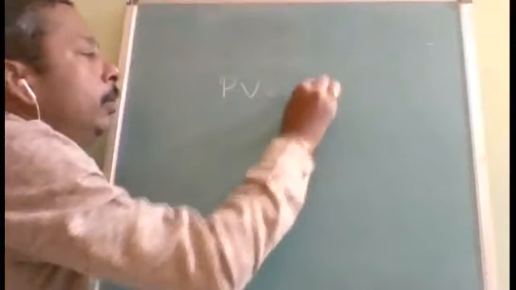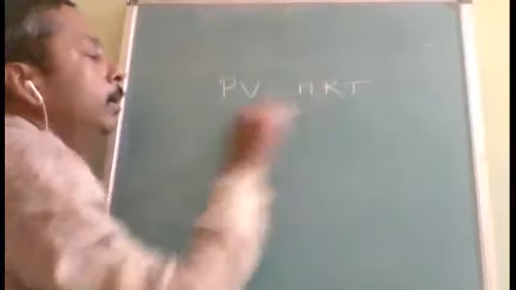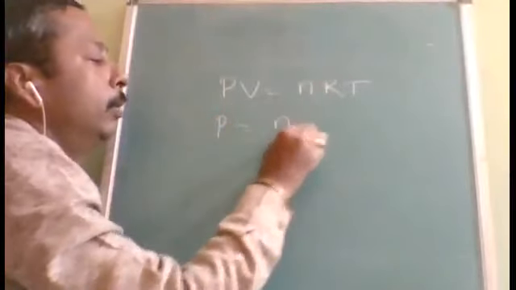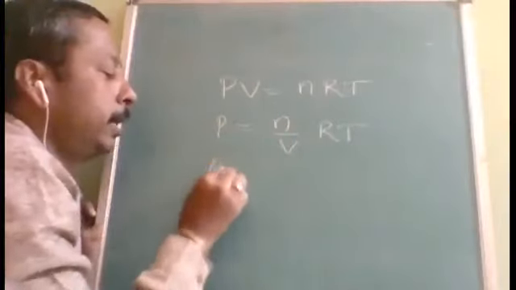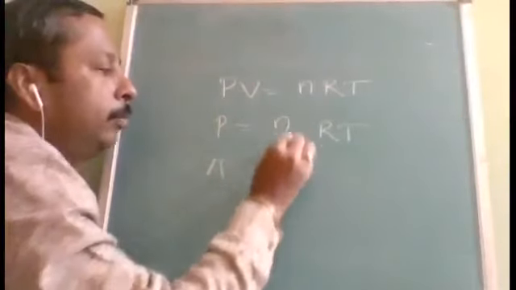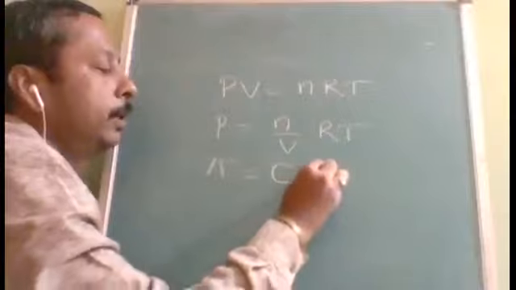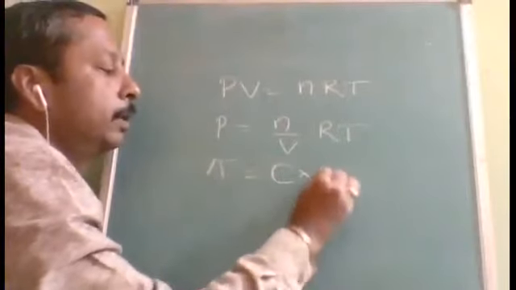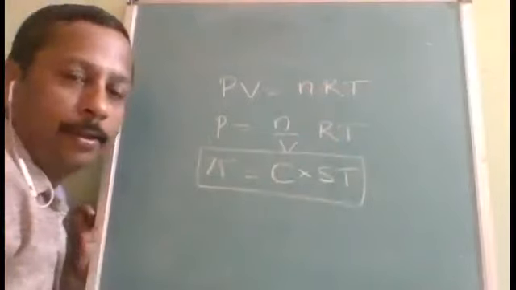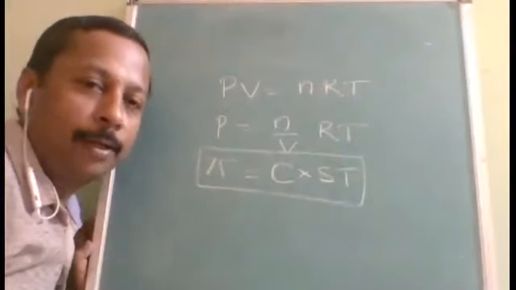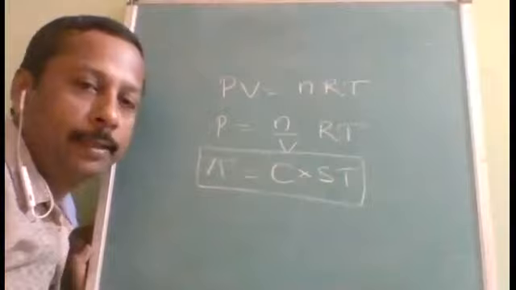PV is equal to nRT. So P is equal to n by V into RT. So P is changed to pi, number of moles upon volume is concentration, R is changed to S, and T. So this is the derivation of the osmotic pressure formula from the ideal gas equation.